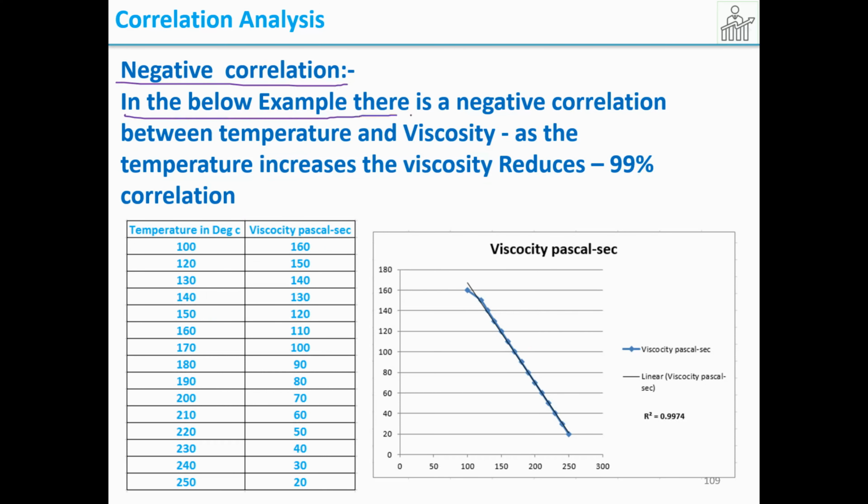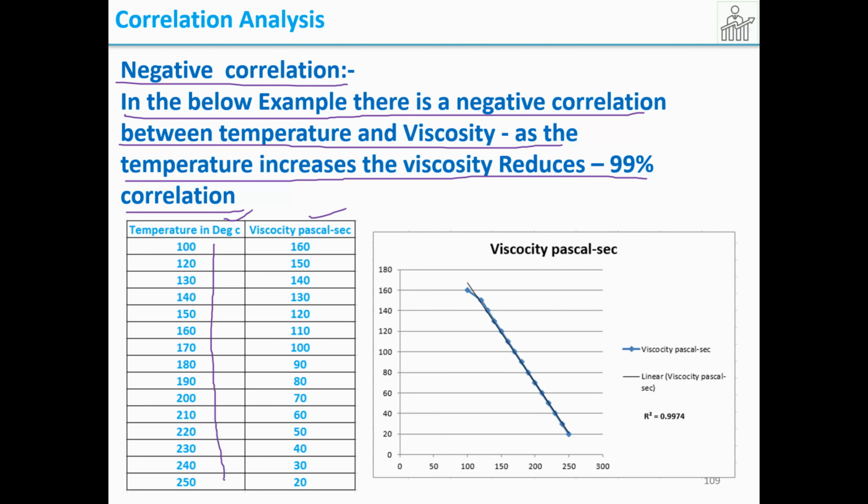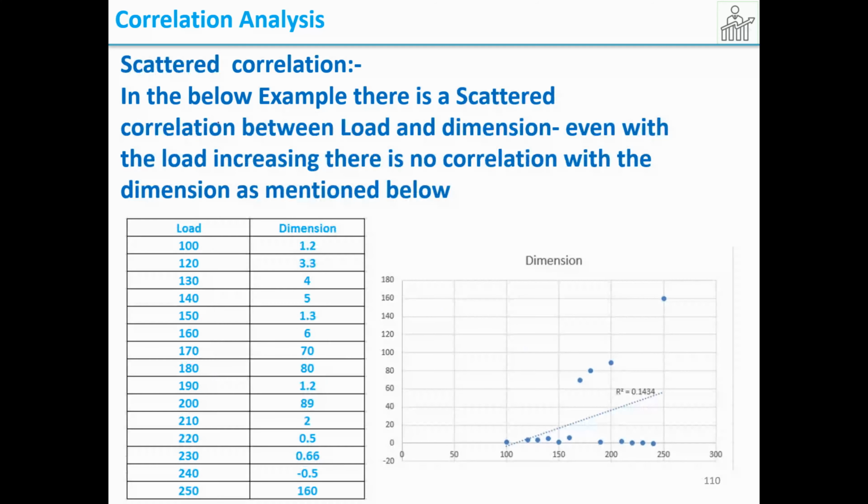In the below example, there is a negative correlation between temperature and viscosity. As the temperature increases, the viscosity reduces, 99% correlation. They took temperature as input and viscosity in Pascal second as output. As the temperature increases, the viscosity is reducing. That means it is a negative correlation. So R square is around 99%.